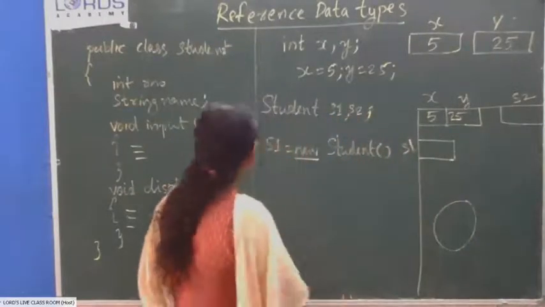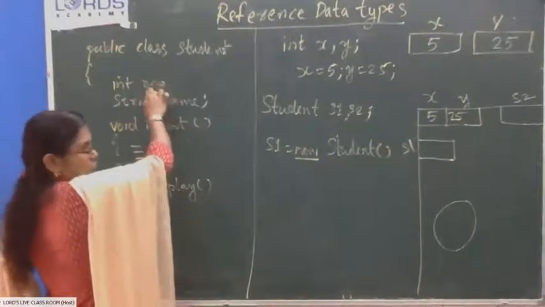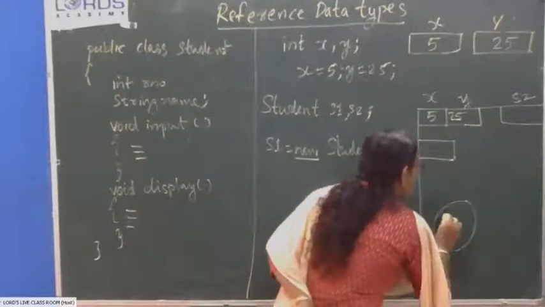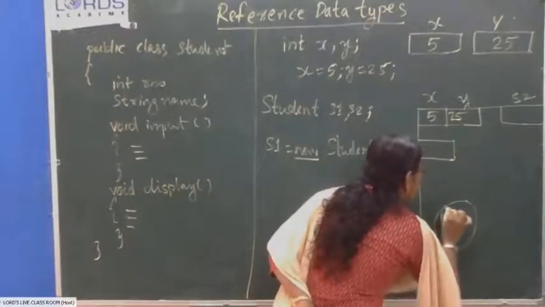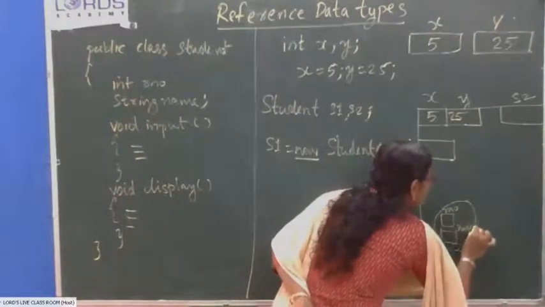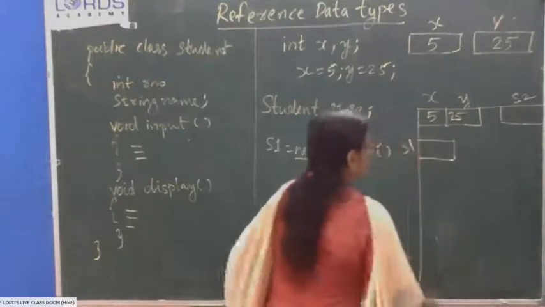In this object there will be locations to store the roll number and name, and apart from that, two instance methods, input and display.